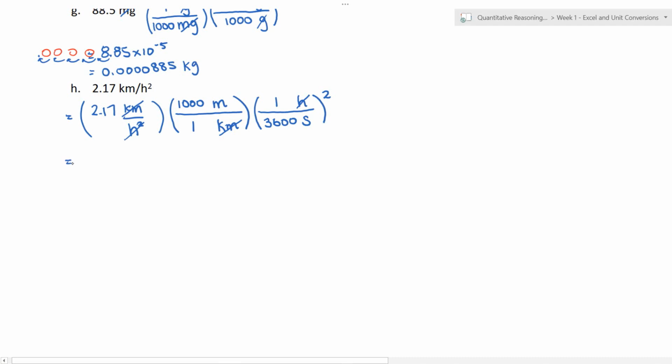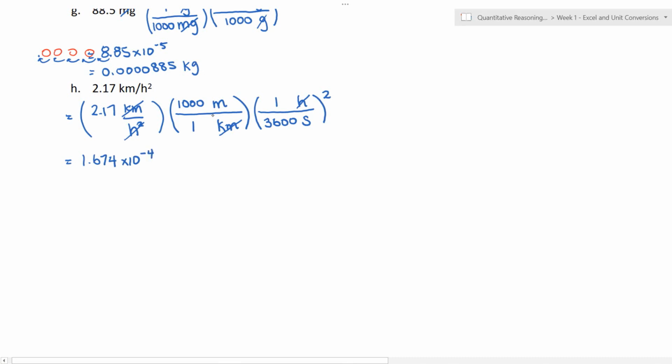Now type this up with me to make sure that you're typing everything correctly on your calculator. 2.17 times 1,000. We can ignore the 1 because 1 squared is still 1, divided by 3,600 squared. And we get 1.674 times 10 to the negative 4.